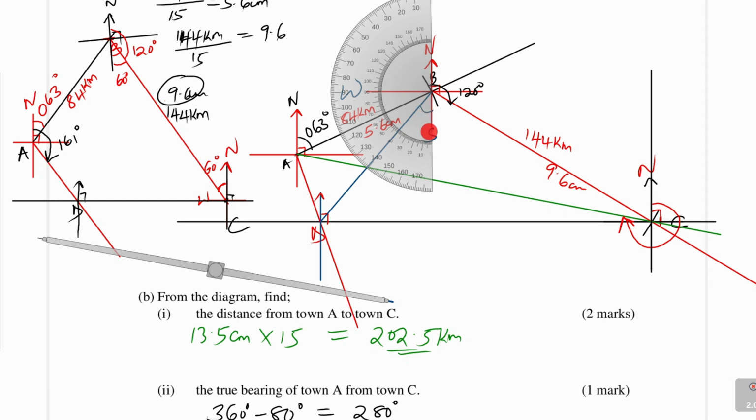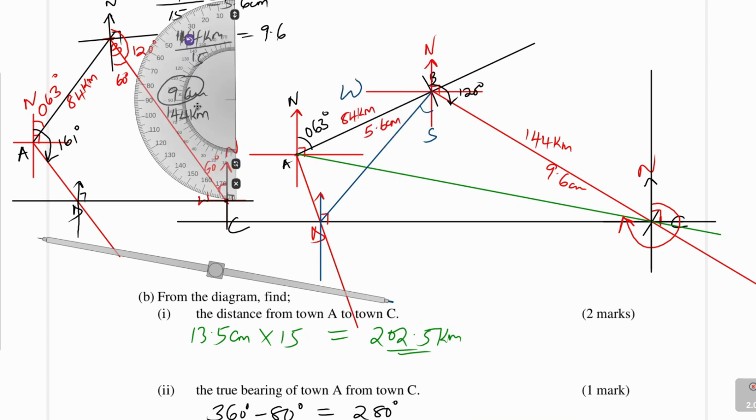From here, this is 10, 20, 30. This angle is 41 here. See, this is a 41. From this point, 10, 20, 30, 41. It's actually 41.